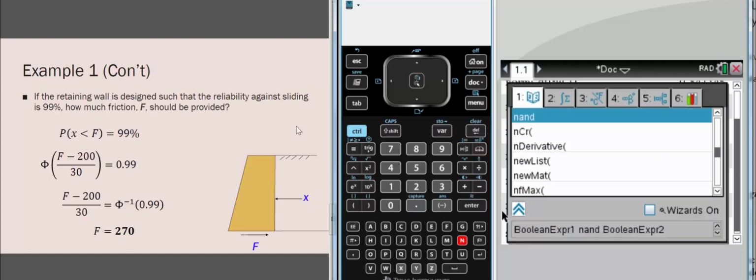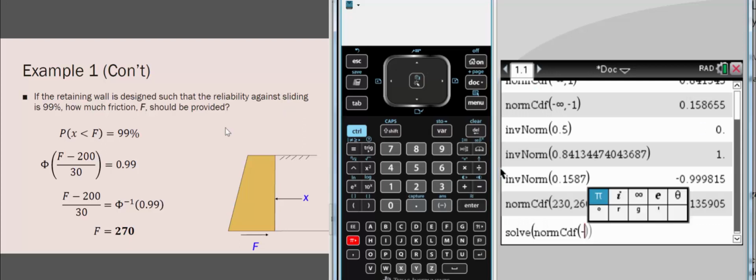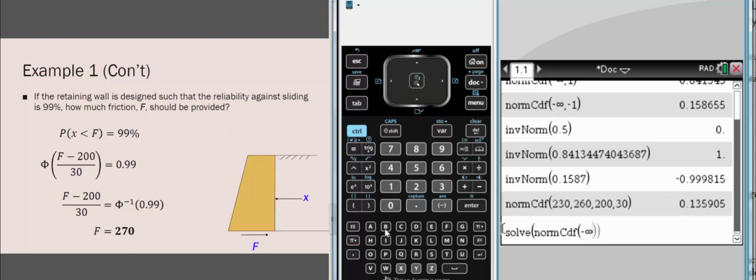So let's use that command again for the normal probability, norm CDF. The lower bound is -infinity in this case, and we will allow it to go up to some unknown value, f. Of course the standard deviation and mean are known, 200 mean and 30 standard deviation.